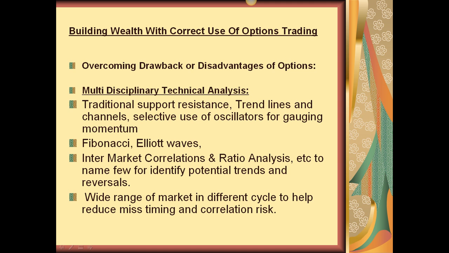Likewise, for example, if you look at oil, you may be looking at US oil and UK oil. Because they're both oil and they have a very close relationship, not 100%, but certainly a very high ratio, maybe 90-95% correlated, you would expect them to do the same thing at the same time.